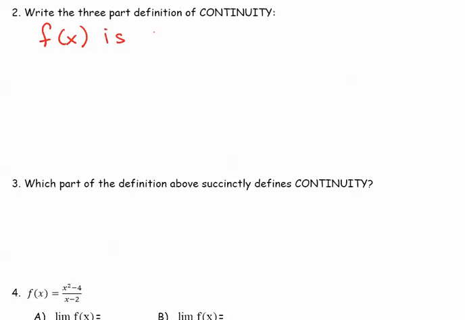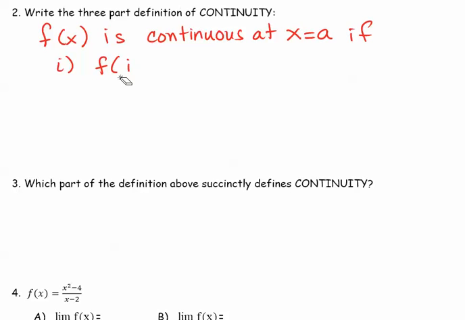So we could say f is continuous at some place x equals a if, first, f is defined at that value, so if it's outside the domain, then clearly it's not continuous.